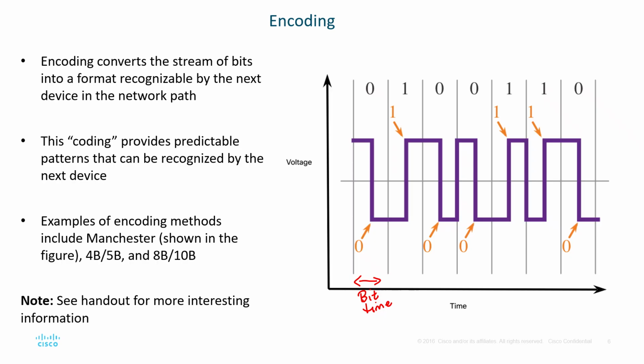Now, we go to the 0, and we stay at the 0 until we get into the middle of the next bit stream. The next bit stream, we look to the bit that is here. This bit is 1, so we go high, and then to the middle of the next bit stream where you see a 0, and then we go low because it is a 0.